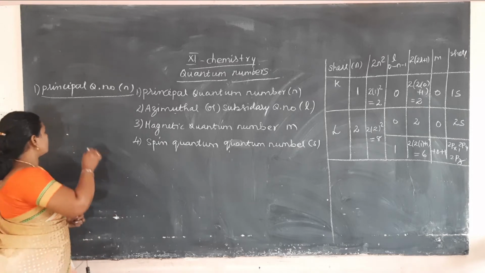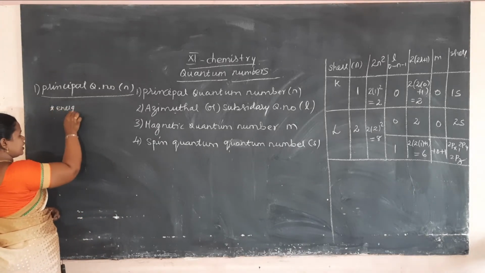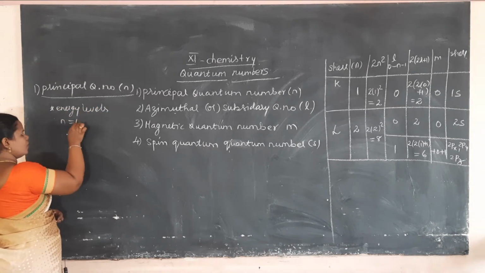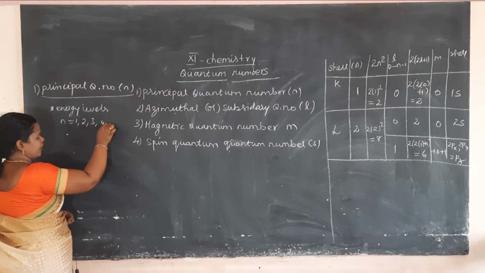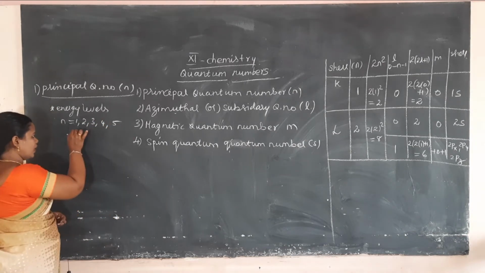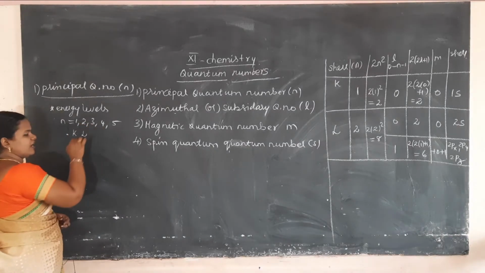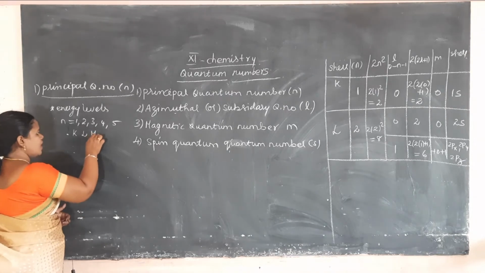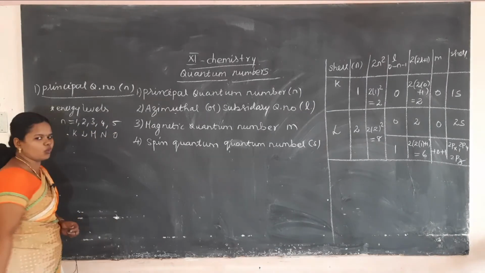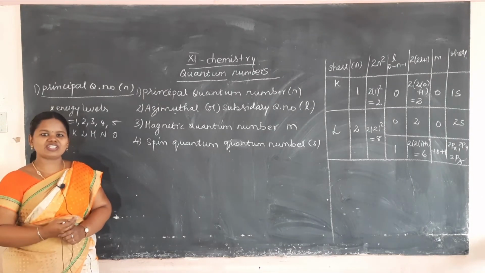The energy levels can be given by the value n, where n is equal to 1, 2, 3, 4, 5. When n is equal to 1, it is the K shell. When n is equal to 2, it is the L shell. When n is equal to 3, it is the M shell. When n is equal to 4, it is the N shell. And when n is equal to 5, it is the O shell.